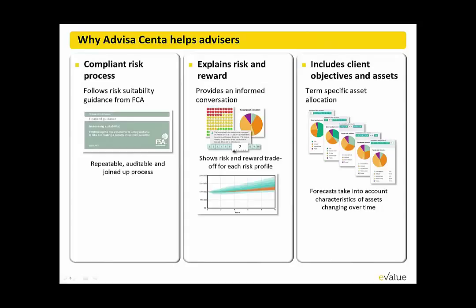Now you might think, well, of course you include client's objectives, you're talking to a client, but clients' objectives might be different for different time horizons. So they may have a pension plan that they're trying to achieve a certain goal over a 20-year period, but they may have something they're trying to achieve over a much shorter period, and therefore we need to make sure that everything we do will cover across the time horizons.